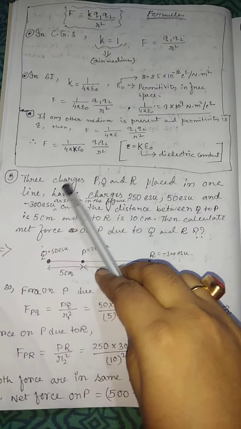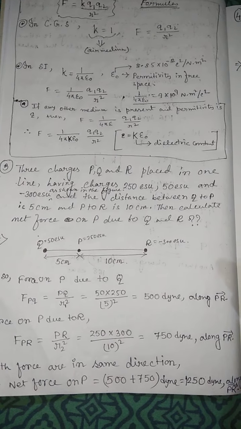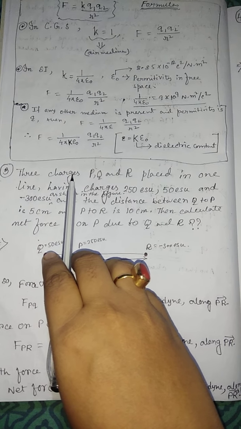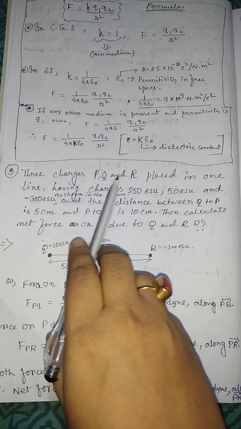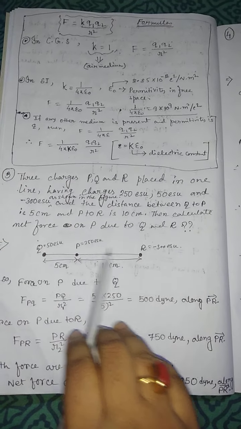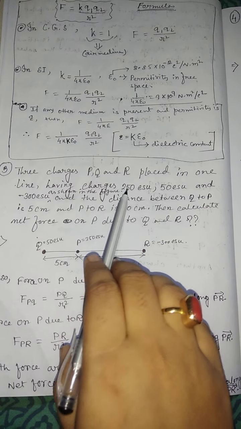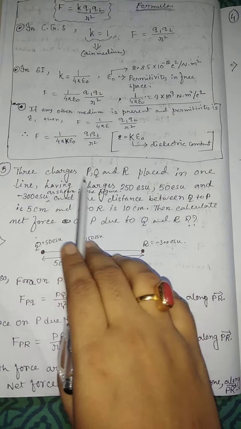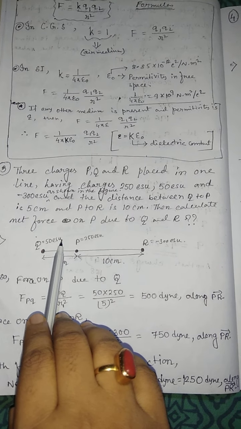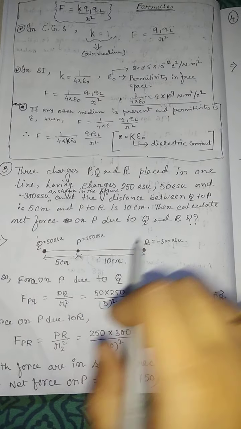Now let's talk about the third numerical. It is given that 3 charges, P, Q and R, are placed in one line, having charges P equals 250 ESU, Q equals 50 ESU and R equals minus 300 ESU, as shown in the figure.